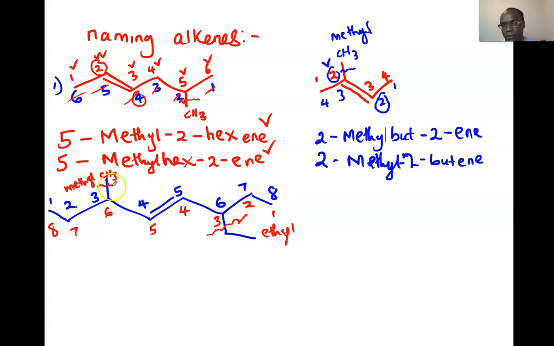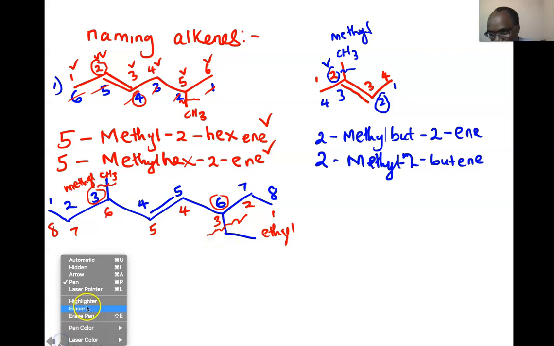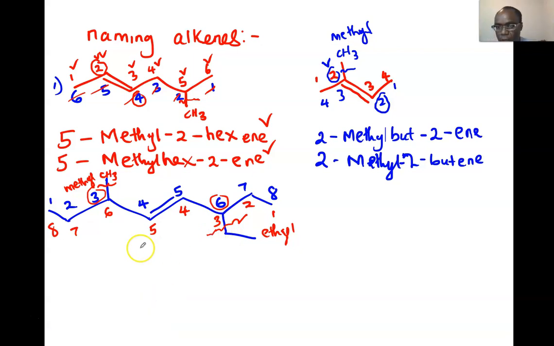So looking at the blue numbering, I have a substituent at 3 and 6. So if you sum up those positions, actually that does not help. I think let's repeat.